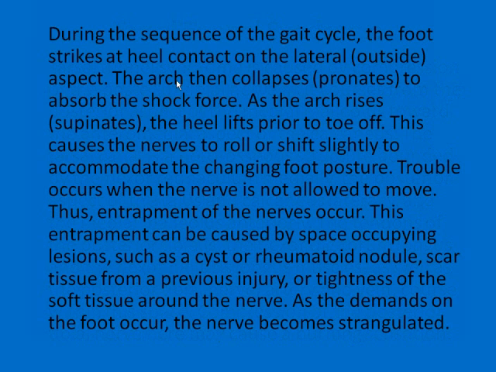Trouble occurs when the nerve is not allowed to move. Thus, entrapment of the nerve occurs. This entrapment can be caused by space-occupying lesions, such as a cyst or rheumatoid nodules, scar tissue from a previous injury, like a sprained ankle, or tightness of the soft tissue around the nerve. As the demands on the foot occur, the nerve becomes strangulated.